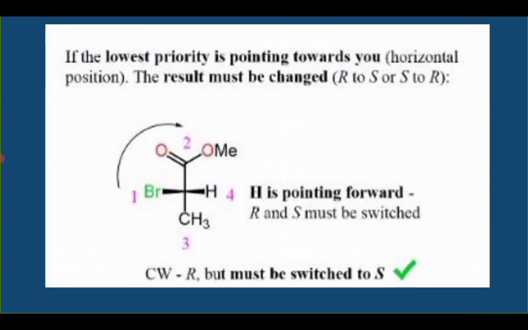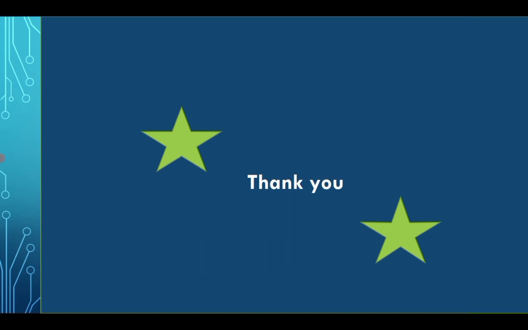Then if the lowest priority group is in the horizontal position, the observed configuration changes, from R to S, or S to R. So here the configuration turns clockwise, so it appears to be R, but as the lowest priority group is in the horizontal position, it changes from R to S configuration. Okay, understood? Thank you.